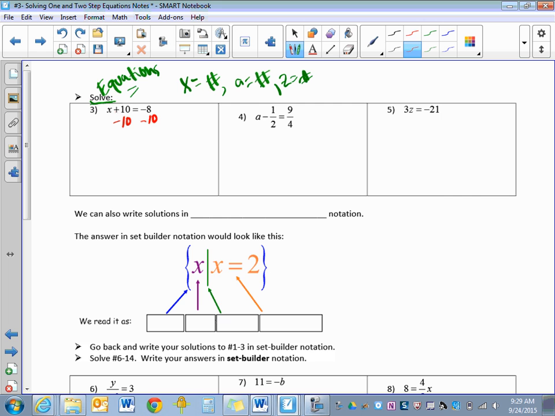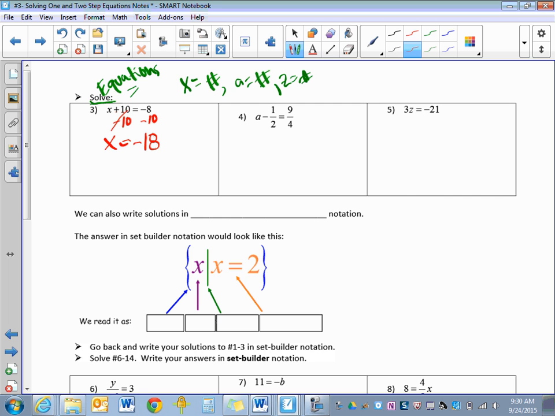Alright, so on my left side I just have x, because positive 10 and negative 10 are just 0. Those cancel out. What's negative 8 minus 10? Go ahead. Close. Negative 18. Yeah, they're both negative. So negative 18. Okay.